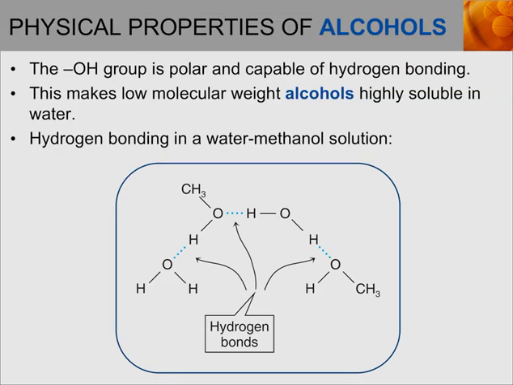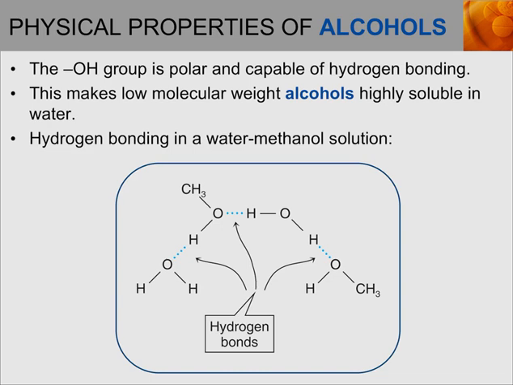Okay, now let's talk about some physical properties of alcohols. One difference with alcohols compared to alkanes and alkenes, for instance, is that all alcohols have an OH group.